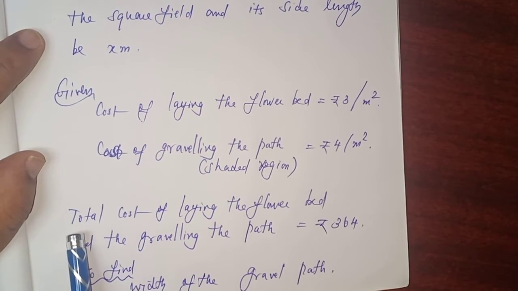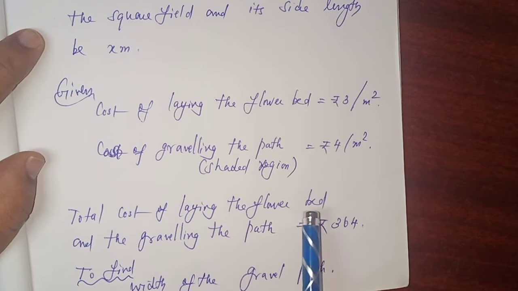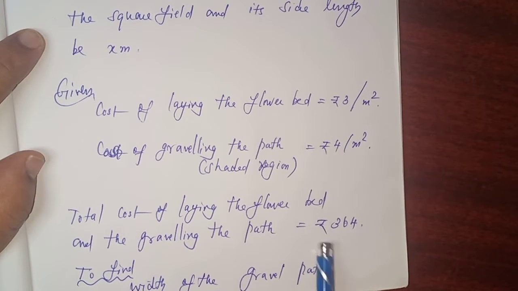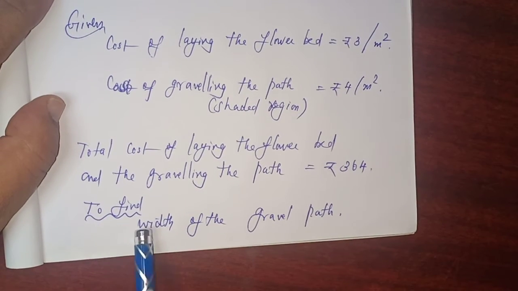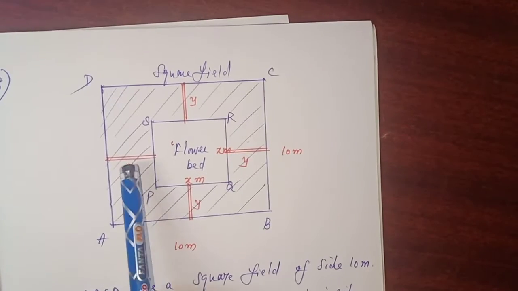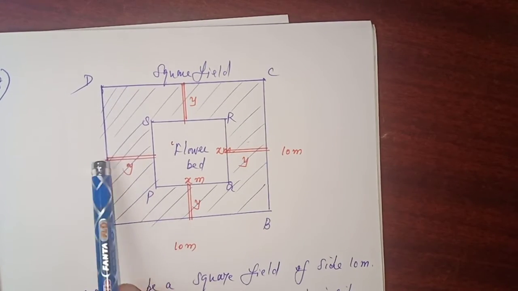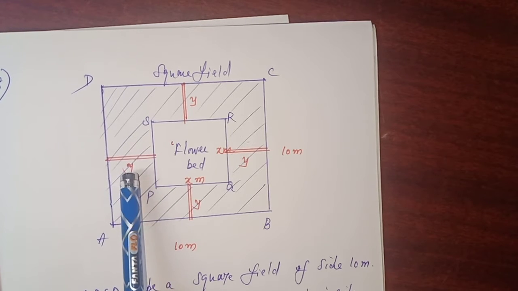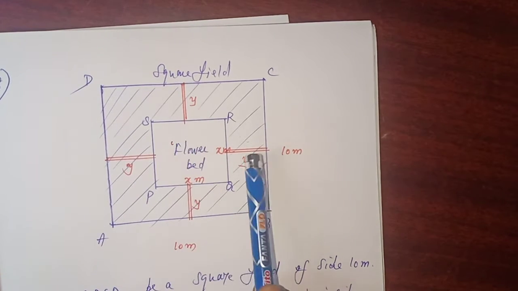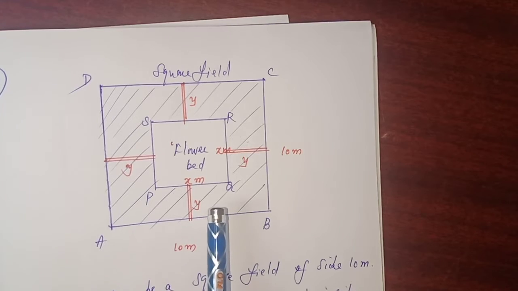It is also given the total cost of laying the flower bed and graveling the path is 364 rupees. You are asked to find the width of the gravel path. I consider the width as y meters. Y is also width. You have to find out the value of y.